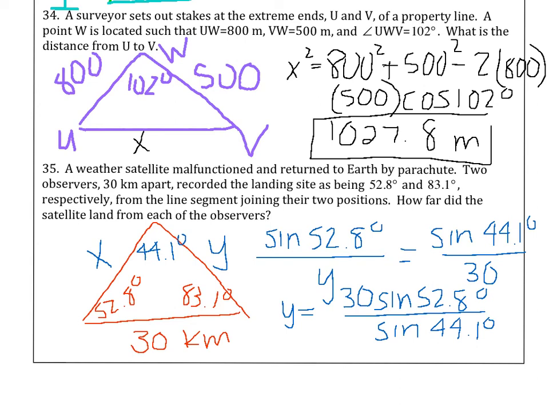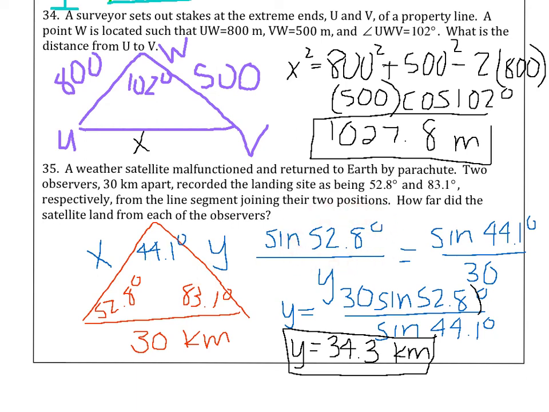And I've said this a few times, but it's really important for us to close that second parenthesis. So I end up getting y equals 34.3 kilometers. And then I'm going to do this same exact equation, except instead of using 52.8, I'm going to use 83.1.